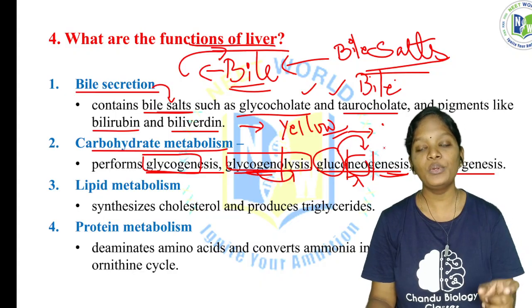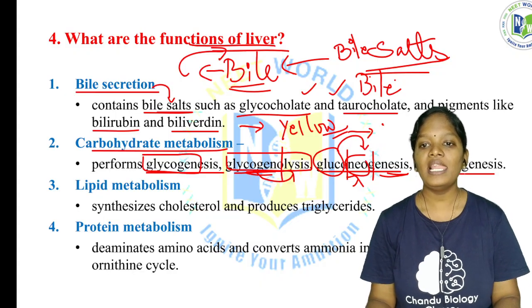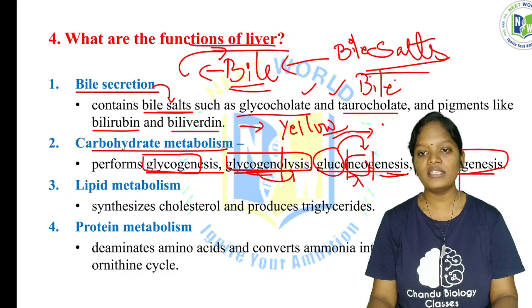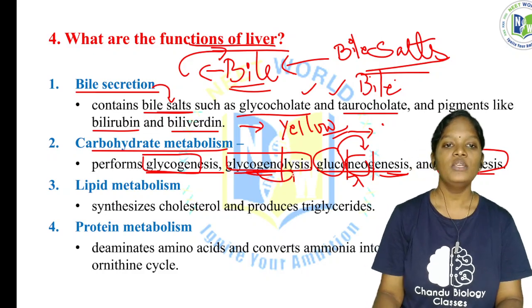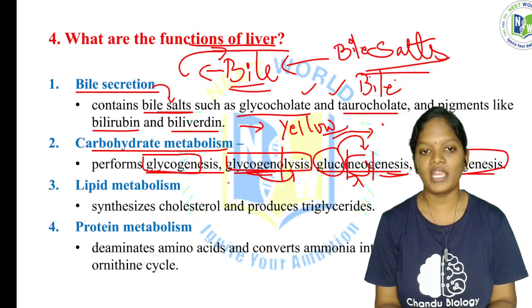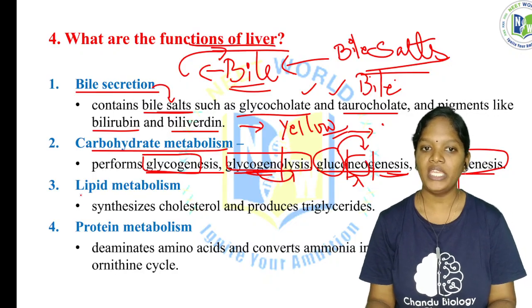Lipogenesis: lipo means lipid, genesis means synthesis. All these are the carbohydrate metabolism happening in the liver.